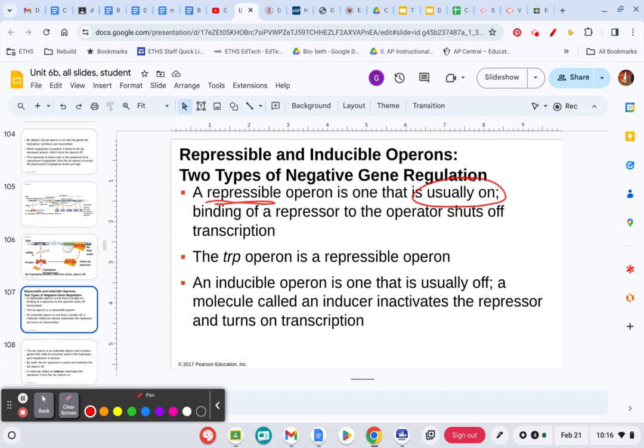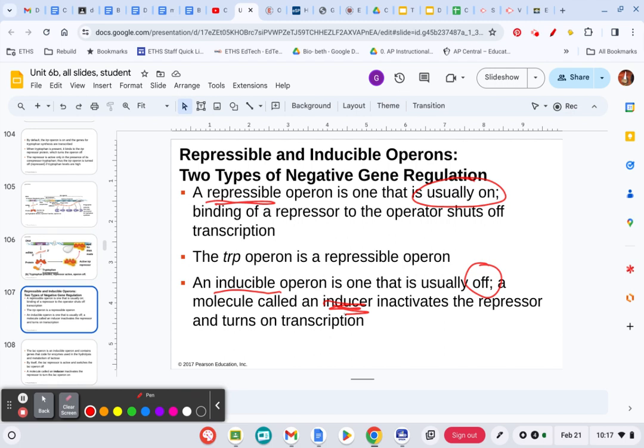So in this case, inducible is usually off. And then there's a molecule called an inducer. The inducer will cause transcription to be turned on.